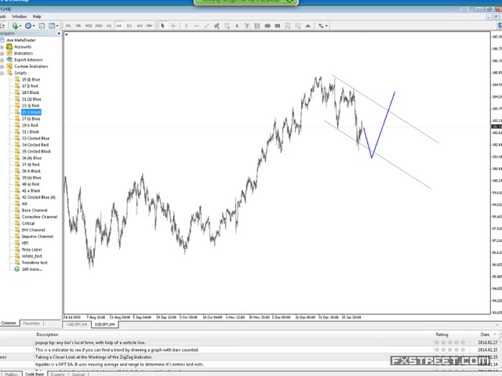Just let me label this, an impulsive reversal from the end of wave C in impulsive fashion through the upper side of the corrective channel. When or if this will happen, we don't know, but when it happens, I will definitely be interested to go long on this pair, okay?